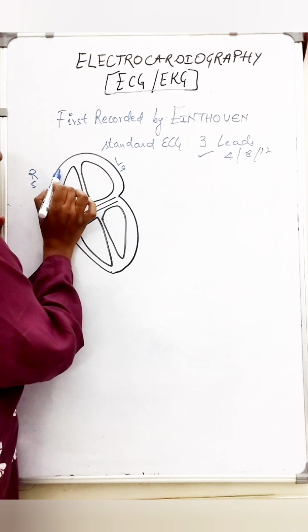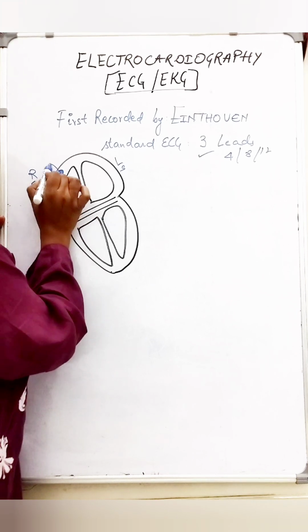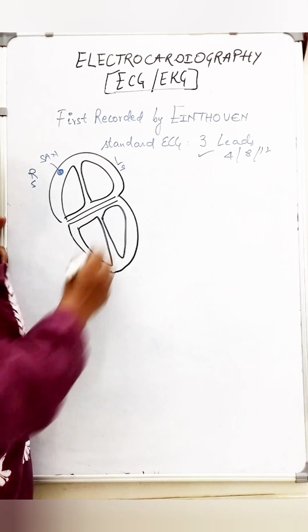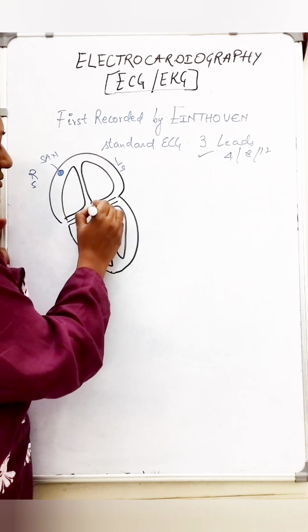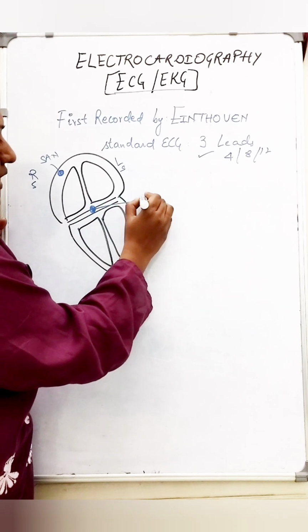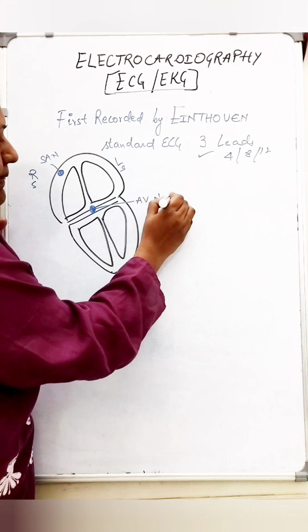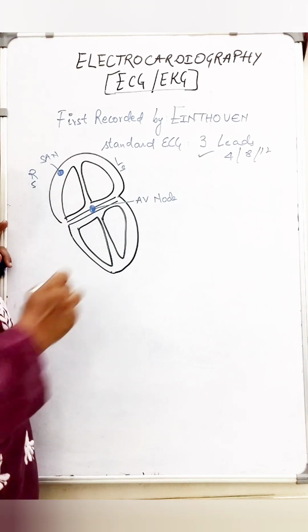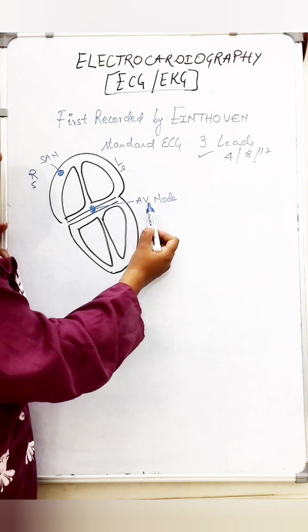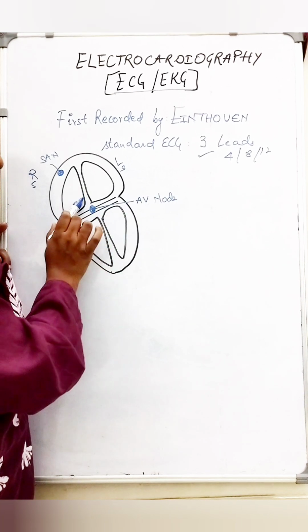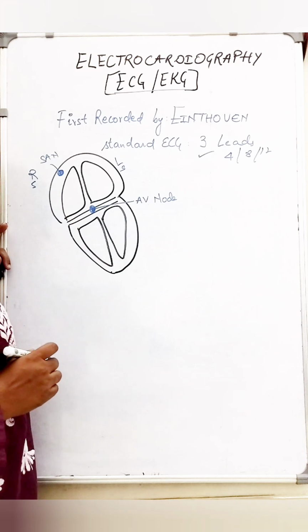Towards the right side we have at the corner called the SA node, and here at the junction we are having the AV node: sinoatrial node, atrioventricular node, which is present at the junction of atrium and ventricles.